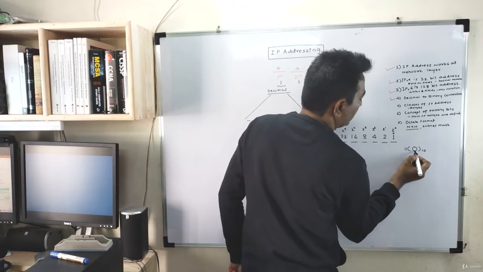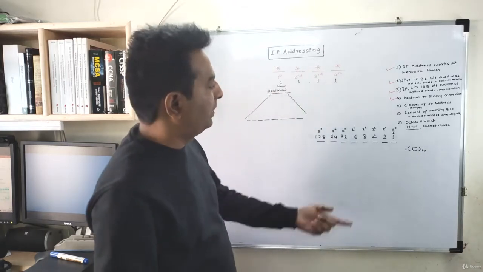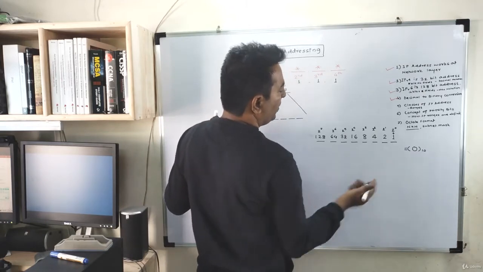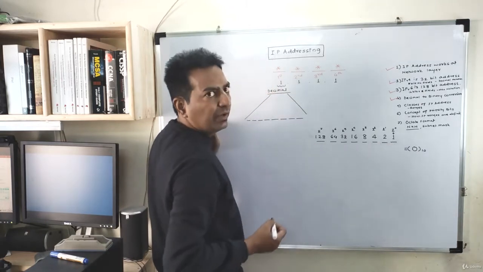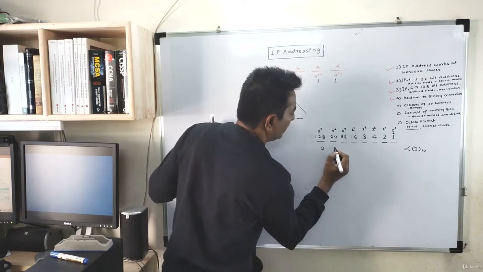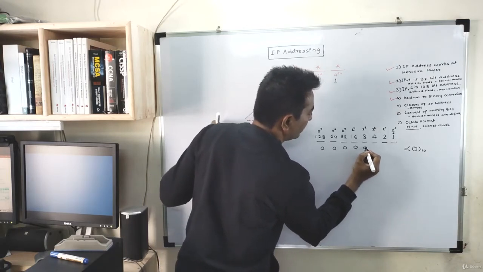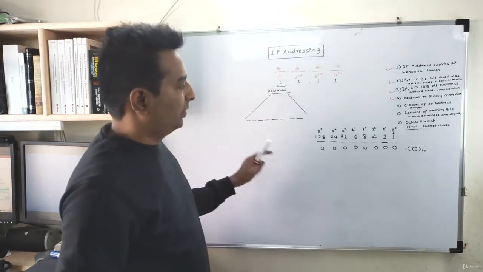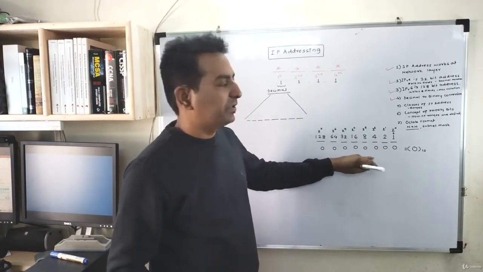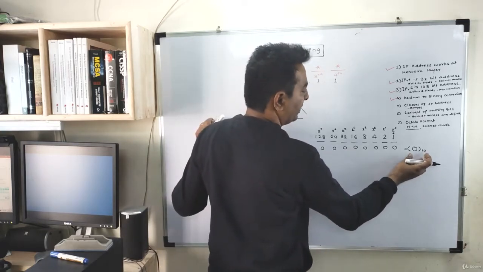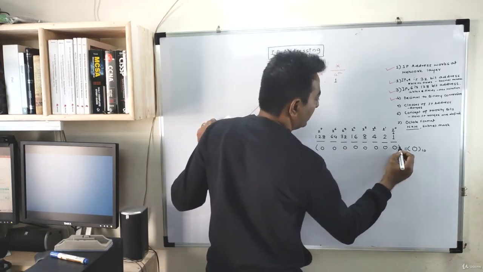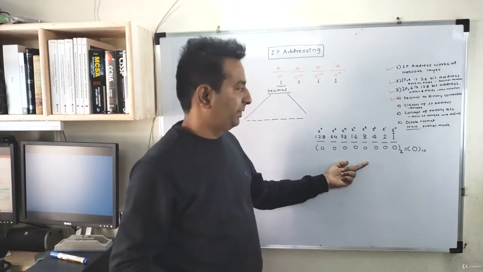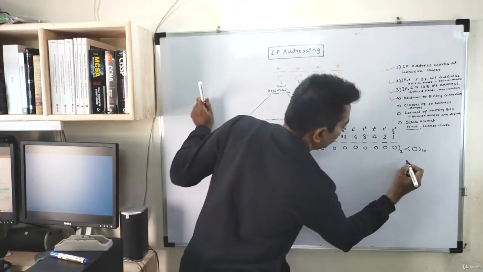Now to convert that into a binary number, you want 0, so you need to make all these values 0. So I'll just put 0 below all these fields. So this is the binary conversion of decimal 0. Now the bracket is going to be base 2, a binary number, right?